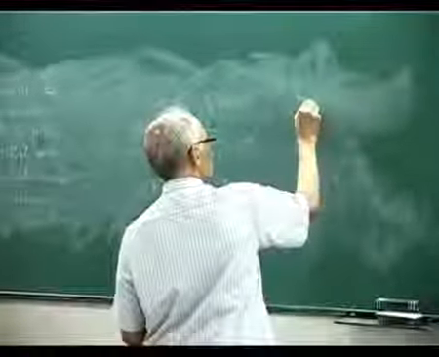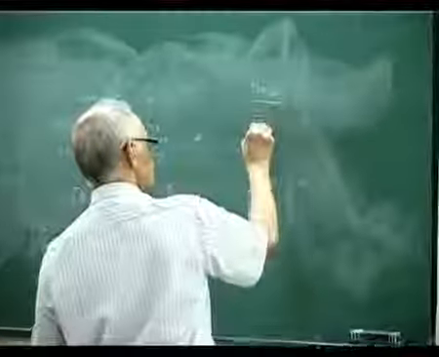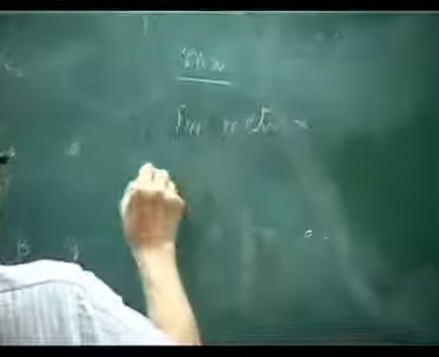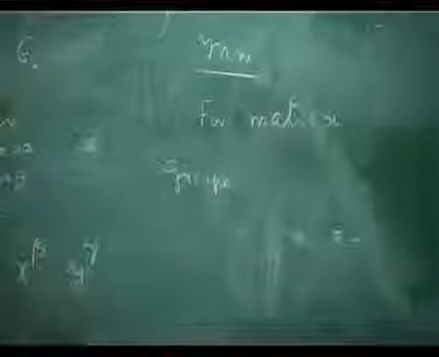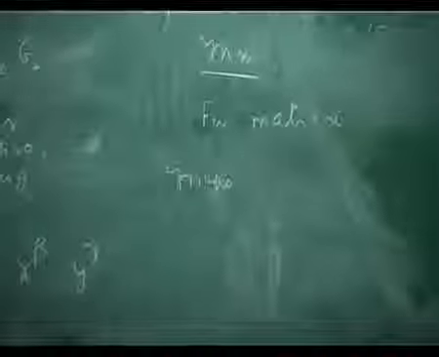Theorem. This is most important for matrix groups. Okay. Suppose the group is given by matrices. Okay. Then let me put it in the way I have written here.